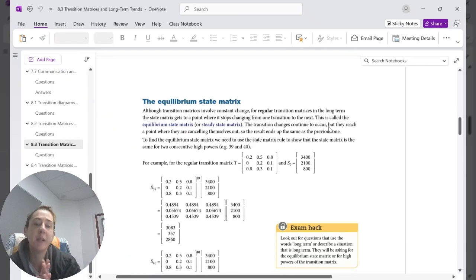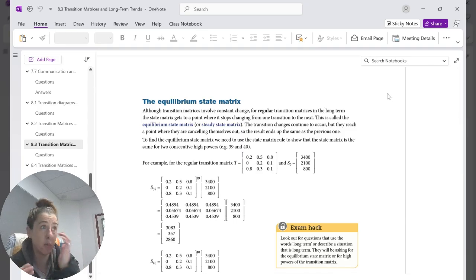So the equilibrium state matrix. Although transition matrices have constant change, for a regular transition matrix in the long term, the state matrix actually gets to a point where it stops changing from one transition to the next. You hit that equilibrium and the values stay the same for where people or objects sit.